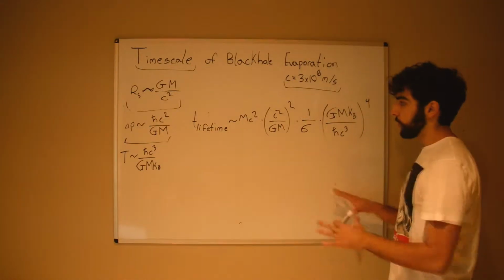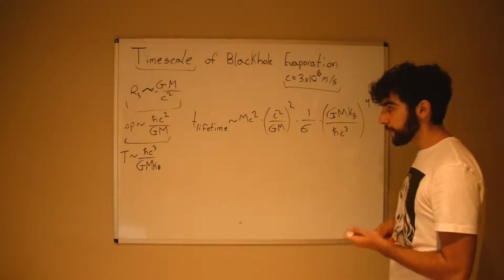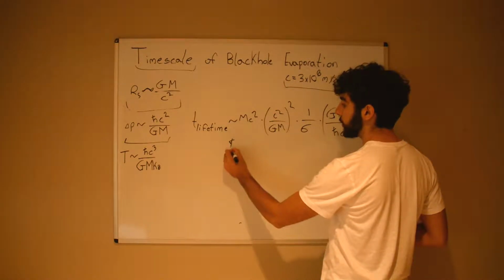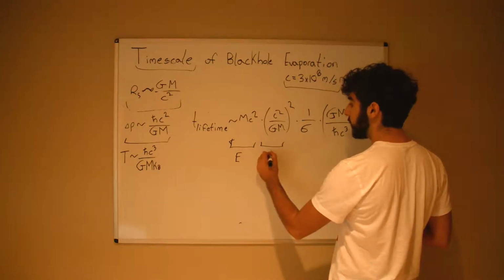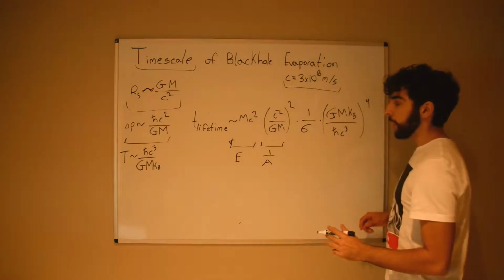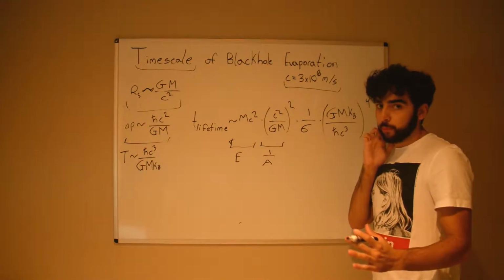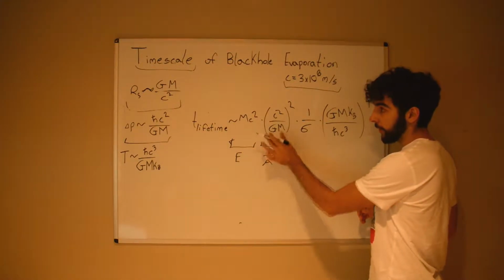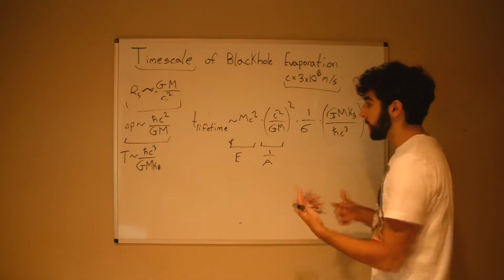Okay, so all I've done here is reduce the clutter of the board. I haven't changed anything about our equation. I've just expanded terms. I'll remind you that this is our energy term. This is 1 over our area. Now this is the surface area of our black hole. Remember, the surface area would be 4 pi r squared. I've just included r squared, so this would be 1 over r squared.